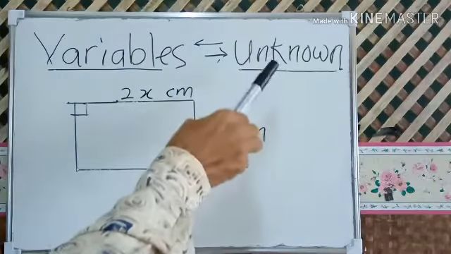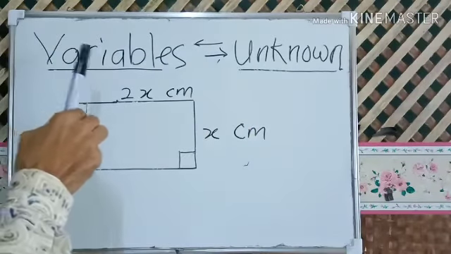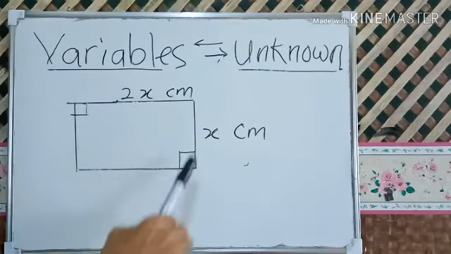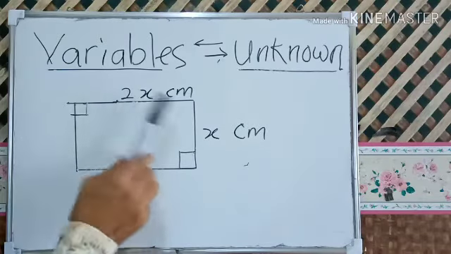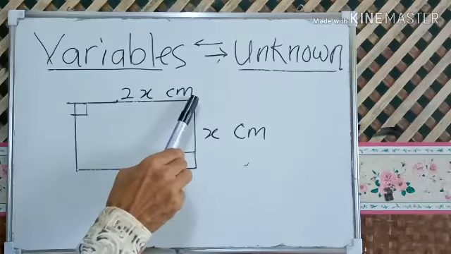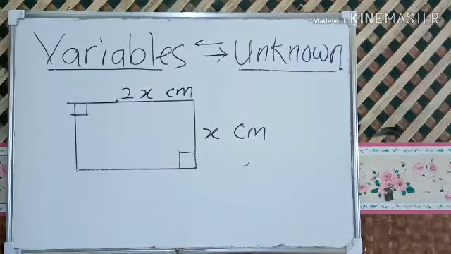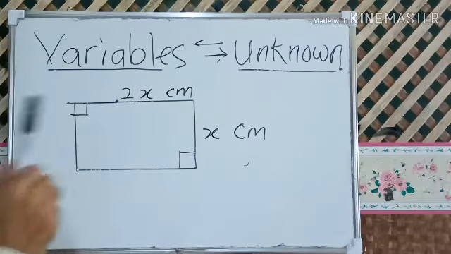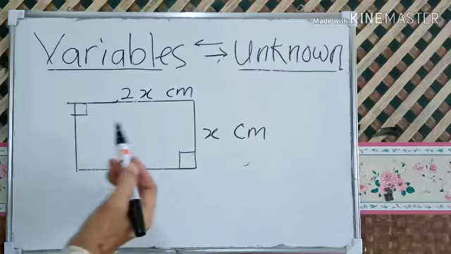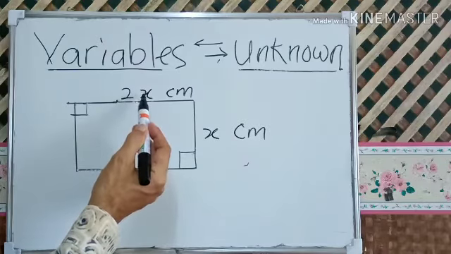Variables are unknown, and we see this is a rectangle using unknown to represent their size. Why do we use unknown? Because until now we still don't know what x is.